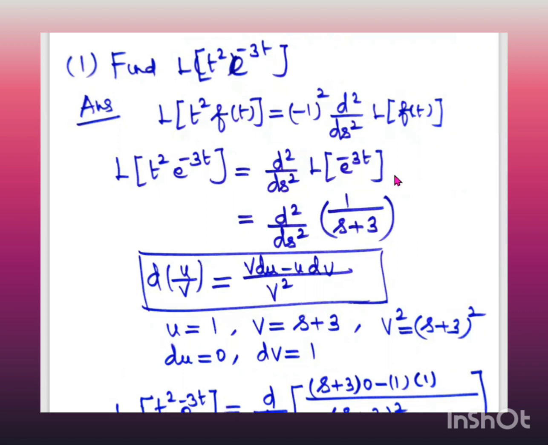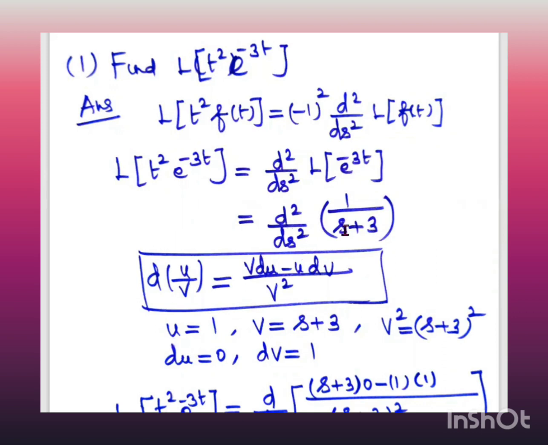We must know the formula. L of e power minus at is equal to 1 divided by, you know very well, s plus a. So L of e power minus 3t can be written as 1 divided by s plus 3, which is equal to d square divided by ds square into 1 divided by s plus 3.